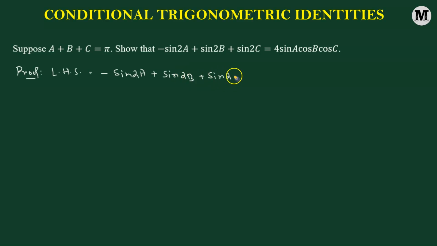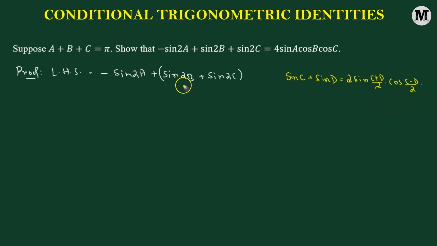What we'll do is first combine the last two terms, sine of 2B and sine 2C, using a standard trig formula: if we have sine of the angle C added to sine of the angle D, then the sum of the two sine functions is given by 2 times sine of (C plus D) over 2, multiplied by cosine of (C minus D) over 2.